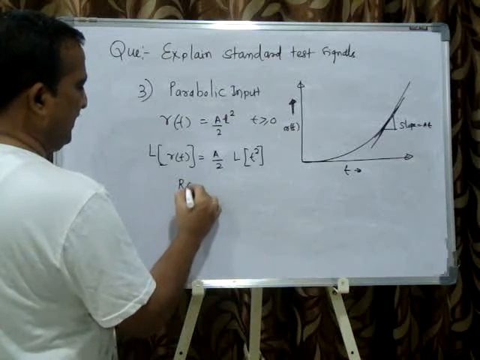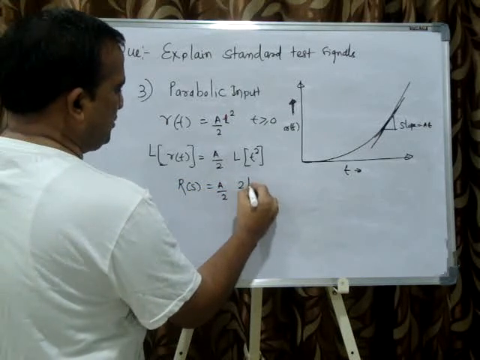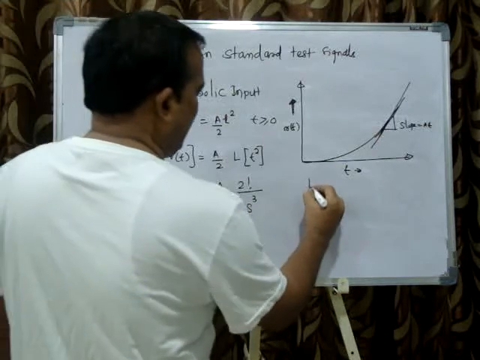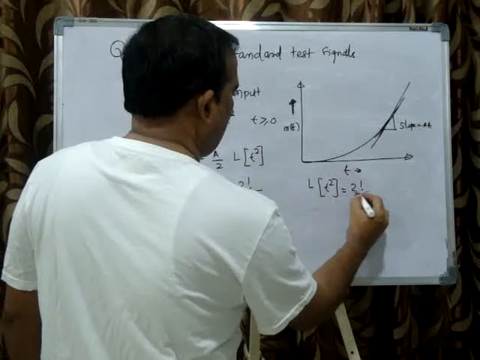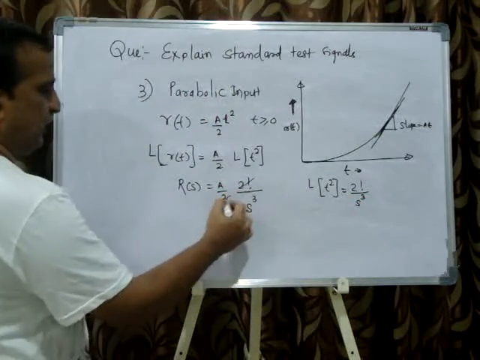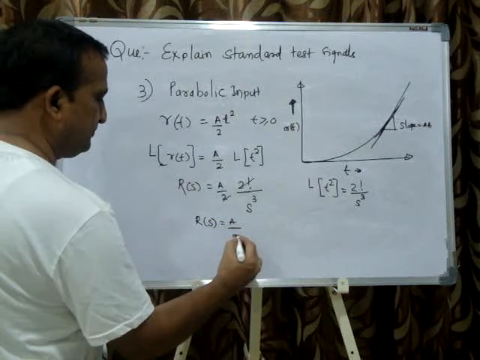So r of t becomes r of s, a by 2. The Laplace of t square is equal to what? 2 factorial divided by s cube. We know that. So now the 2 gets cancelled. R of s equal to a by s cube.